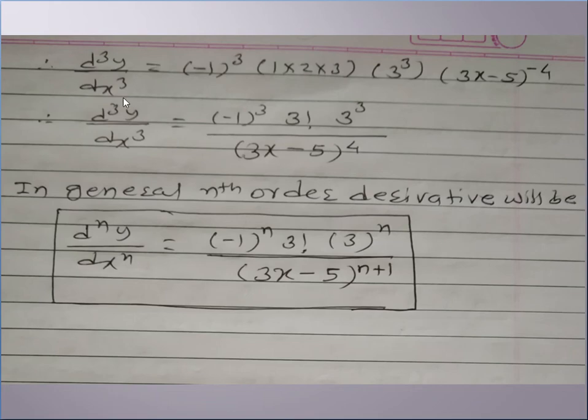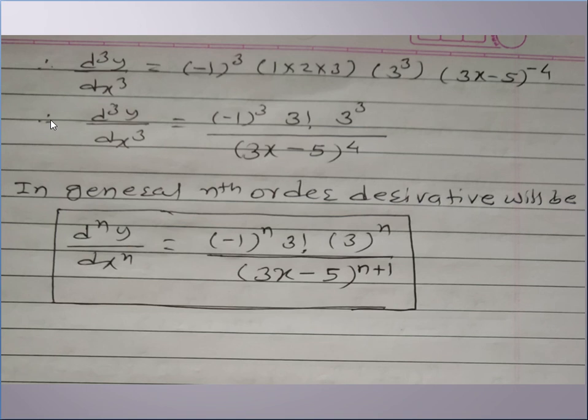Therefore, here d cube y upon dx cube is equal to minus 1 into minus 1 into minus 1, 3 times. Therefore, we can write here minus 1 raised to 3 into 1 into 2 into 3 into 3 raised to 3 as it is into 3x minus 5 bracket raised to minus 4 as it is.